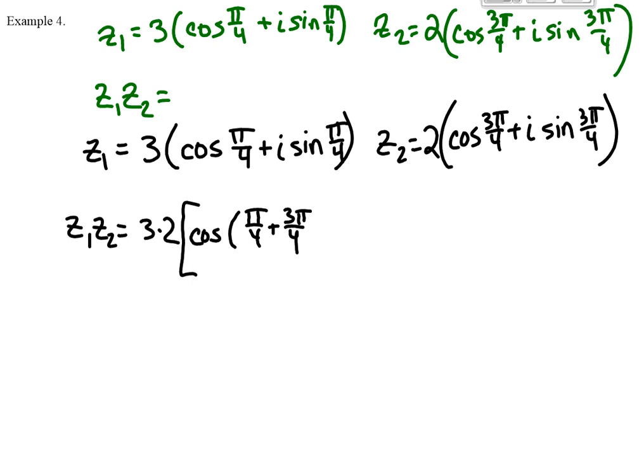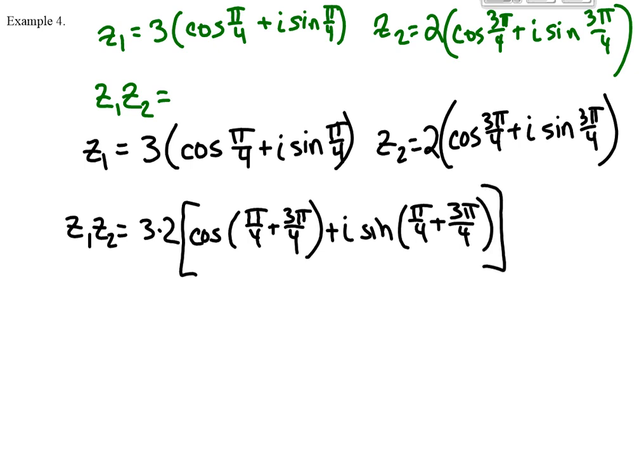The two things that we're adding here are this and this. And notice they're going to be the same pair for sine when we match those together. So then we're going to say plus I sine (pi over 4 plus 3 pi over 4), and then close that bracket.